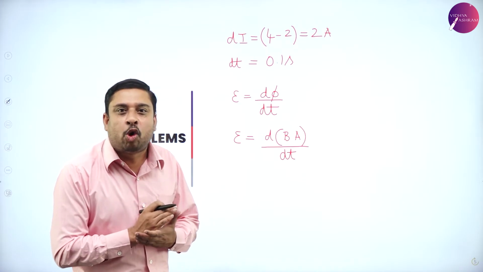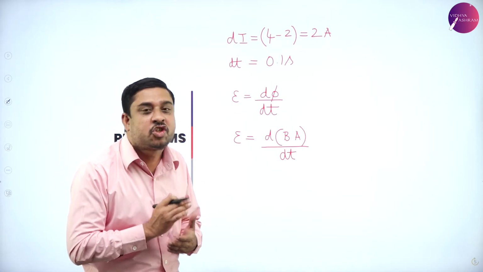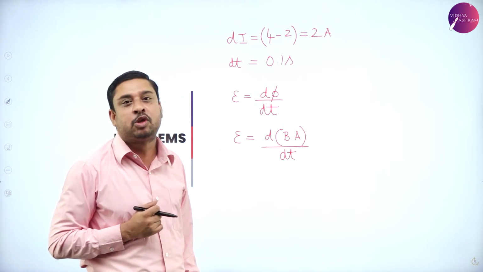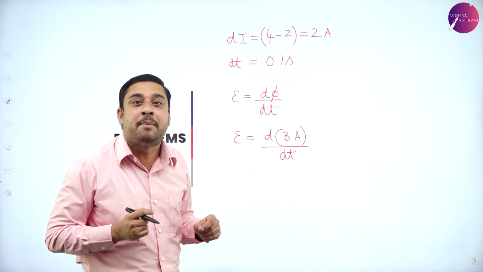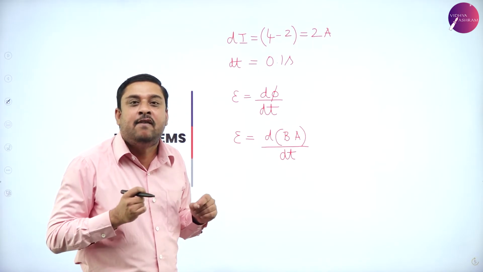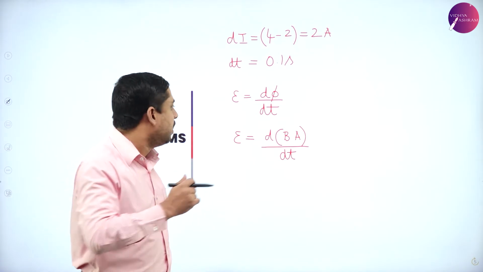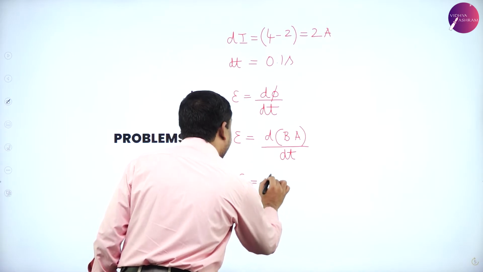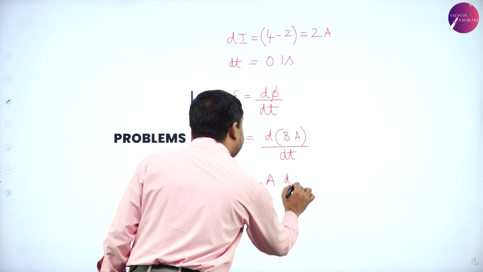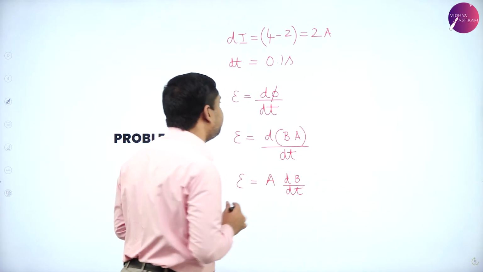If you are thorough with these sessions, these bits of information really help to solve the problems. Flux is represented as vector B dot vector A, or this is A dB by dt.